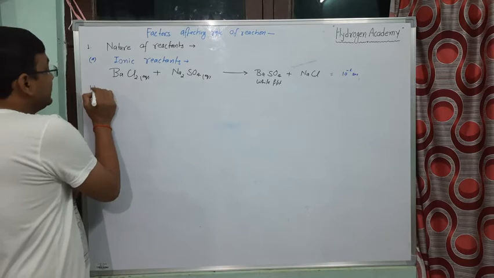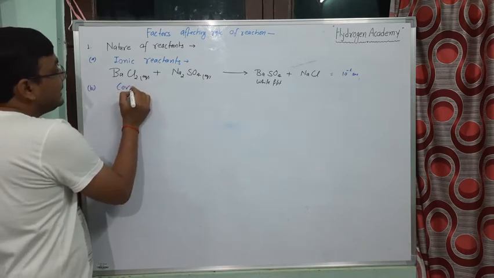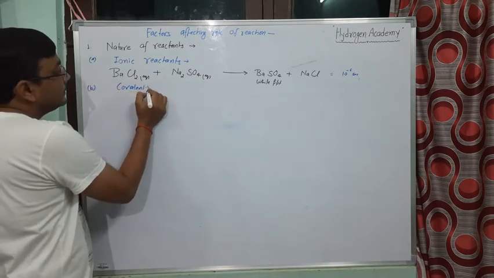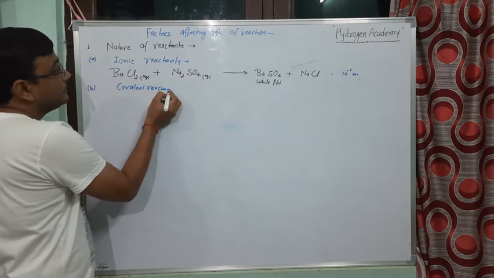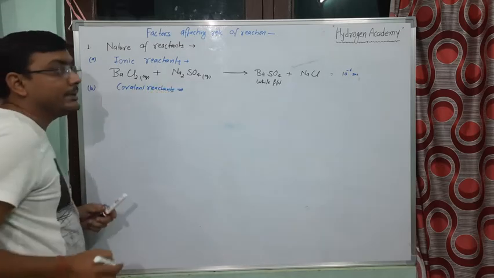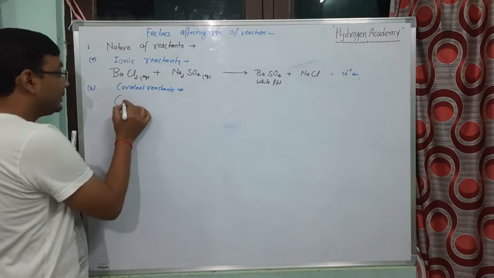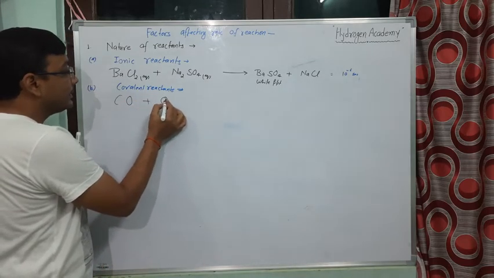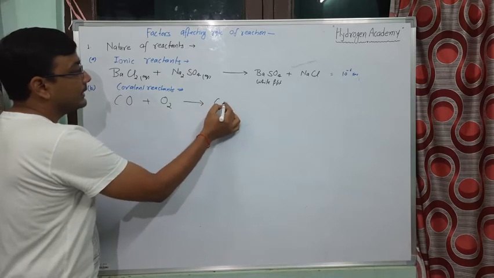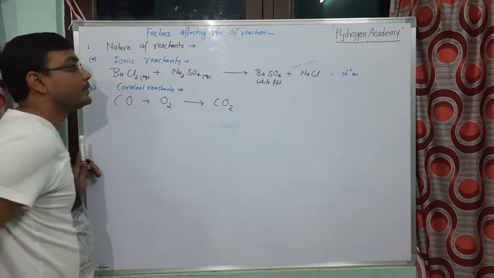Next is covalent reactant. In case of covalent reactants, for example, I write here carbon monoxide plus oxygen gives carbon dioxide.